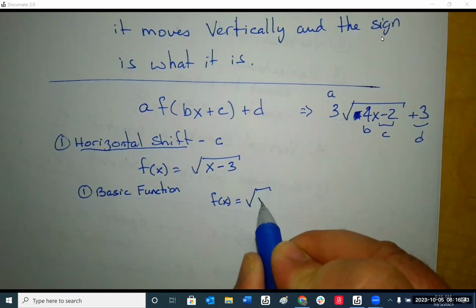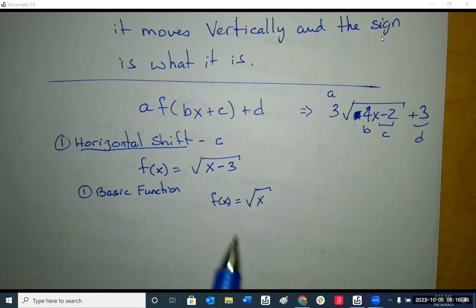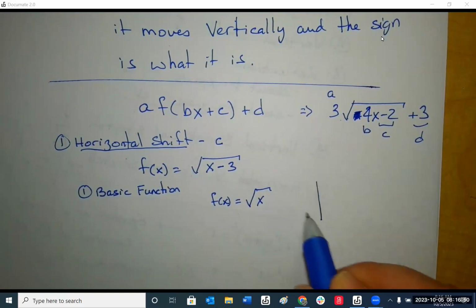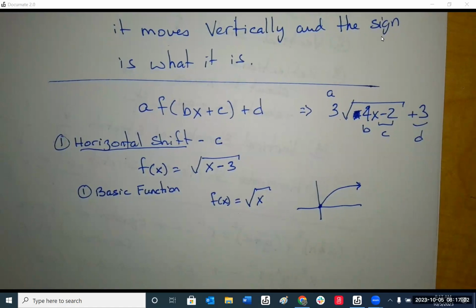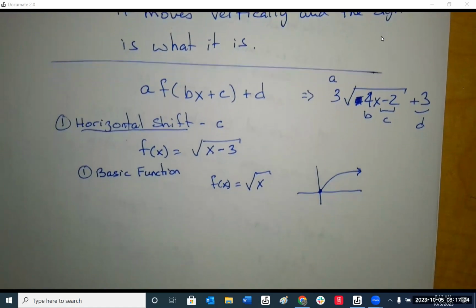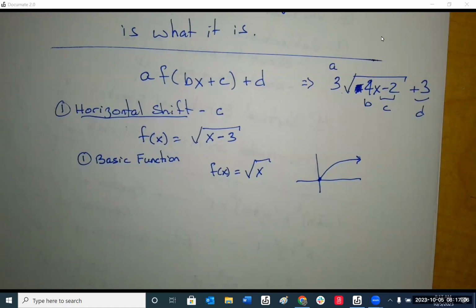It's a radical. So that's what we're starting off. And what does that graph look like? That's not memorizing, that's looking at the chart all the time. The radical looks like this because we cannot have negatives inside there. So that's the first thing.